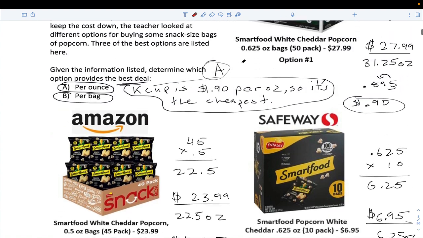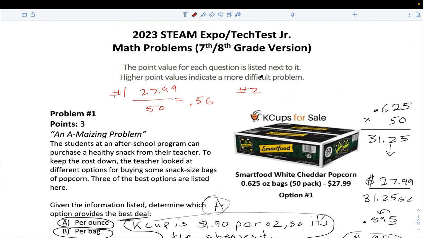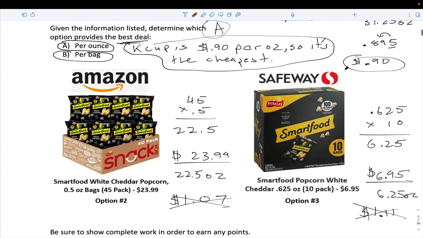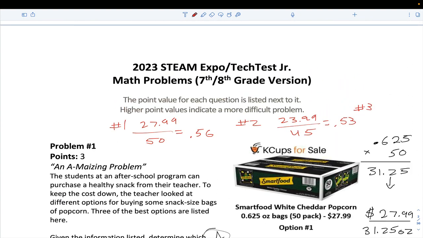Option 2 is $23.99 divided by 45. That's 53 cents. So far that's cheaper. And then option 3 is $6.95 divided by 10, and that's 0.695, so we'll round up to 70 cents.